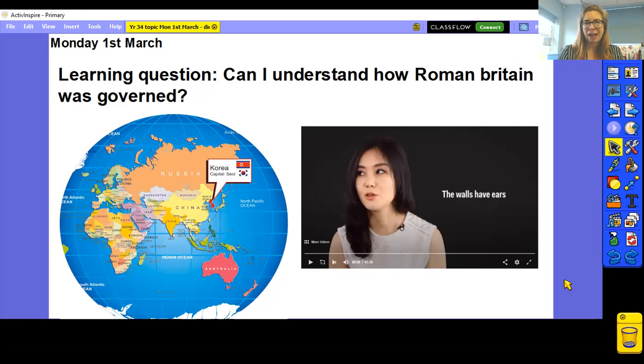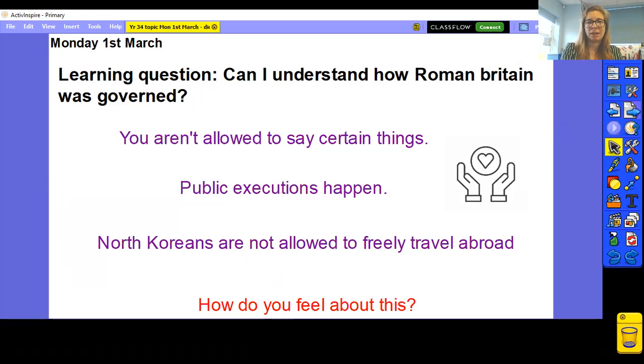And you have to be very careful about what you're saying, especially when you're out in public, because you don't know who might be listening, and you could be very severely punished just for something that seems so minor. So you wouldn't be able to just live in a free way. If it feels like living in prison, then obviously that's not a nice way to be living, is it?